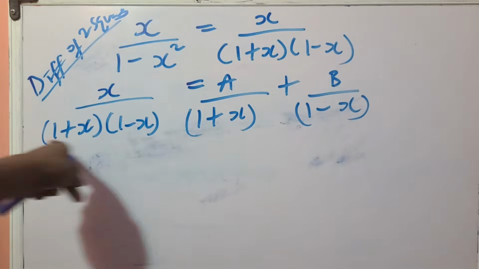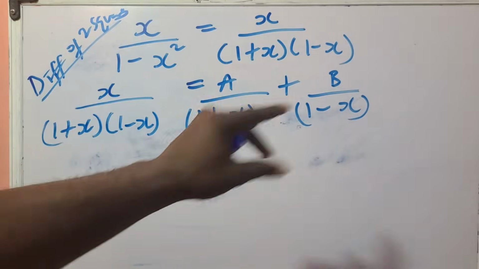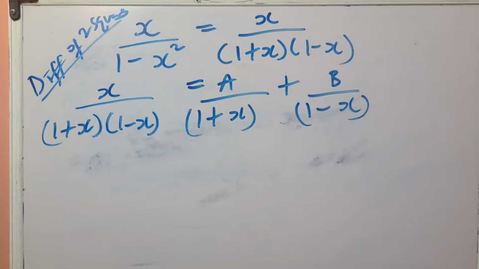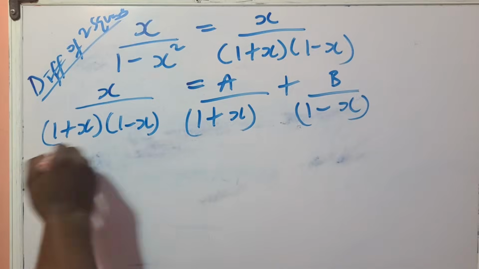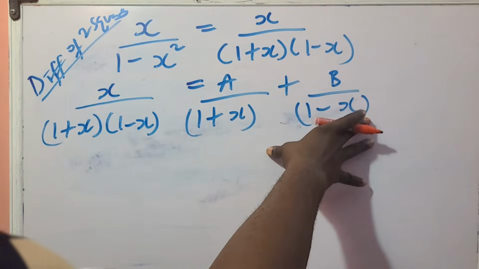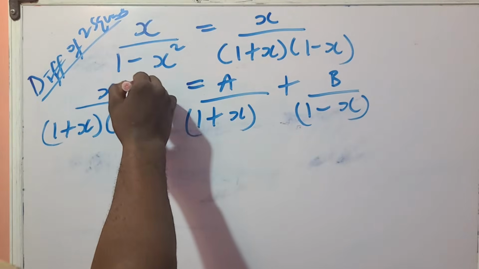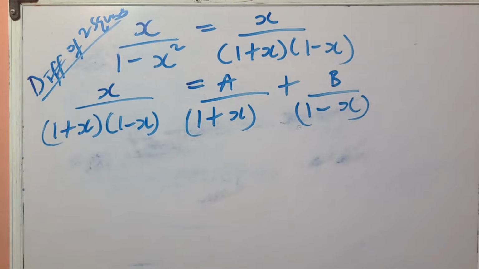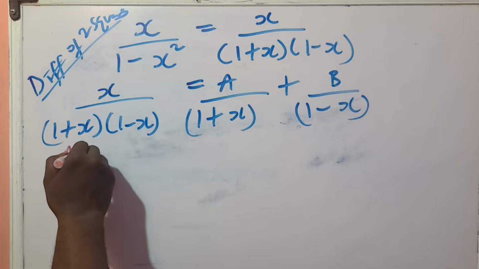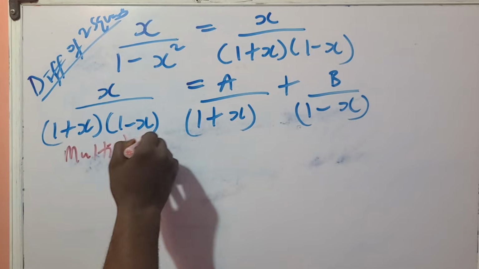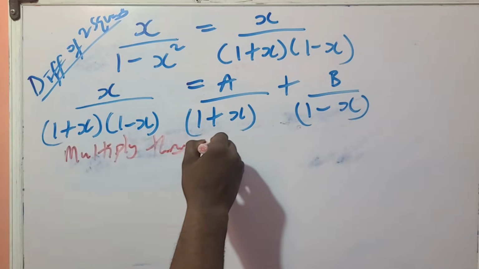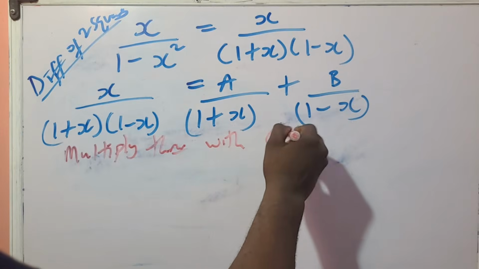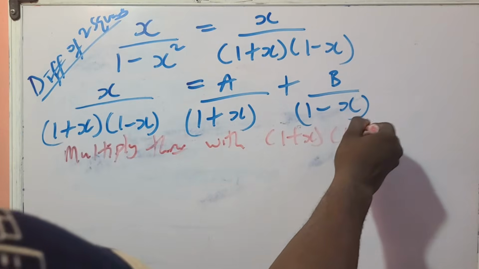You want to bring all this into just a single expression. And the best way to do that is to multiply both sides, that means this particular left-hand side and this right-hand side. You want to multiply through with 1 plus x and 1 minus x.